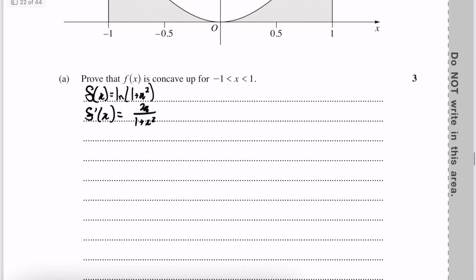So if we imagine that the top is represented by u, the bottom is represented by v, we have u equals 2x, u dash is equal to 2, we have v is equal to 1 plus x squared, and then v dash is equal to 2x.